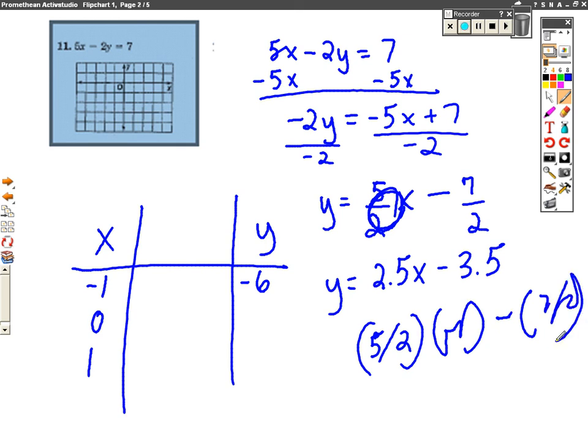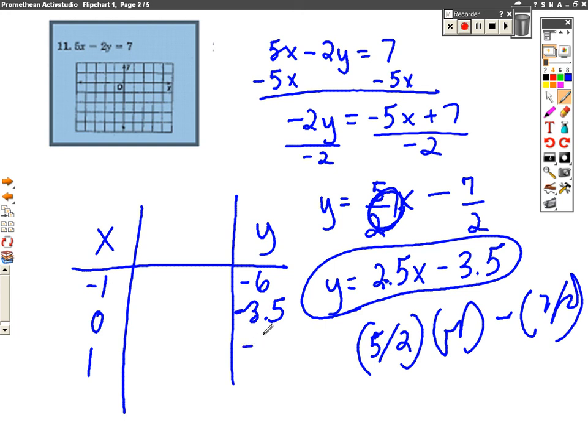But I'm going to go ahead and use this because it's a little bit easier to put in my calculator. When I put in 0, I end up with -3.5. And when I put in 1, it's 1 times 2.5, and then minus 3.5, you end up with -1.